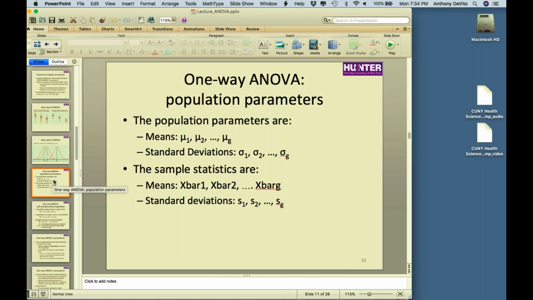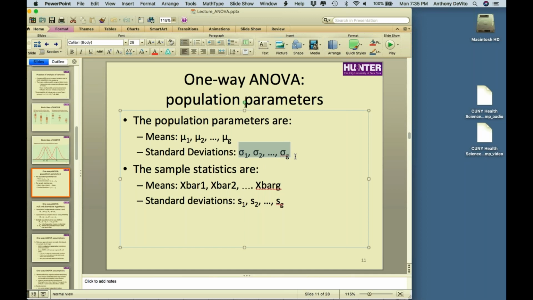Okay, so as a reminder, we designate population parameters, the mean of the population for each of the different groups and the standard deviation of each of the 3 populations, using Greek letters. So this is mu, the mean, and this is sigma, the standard deviation for the populations. We very rarely, almost never, actually have that information.